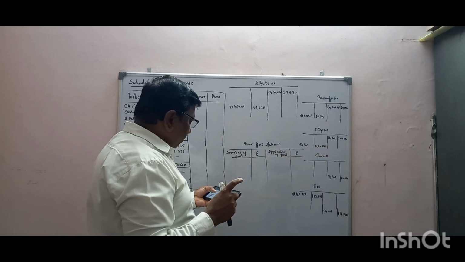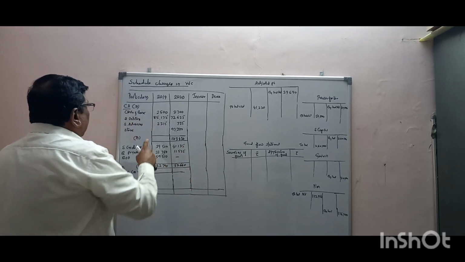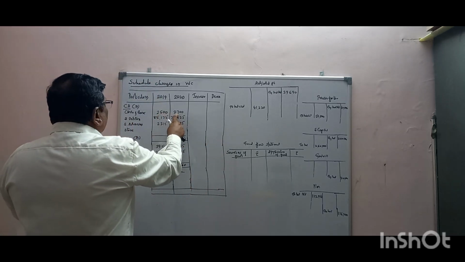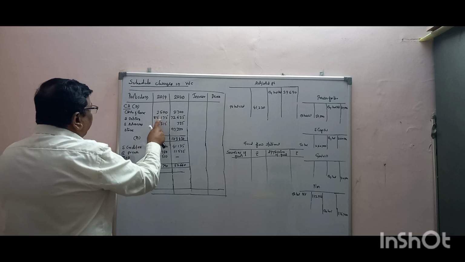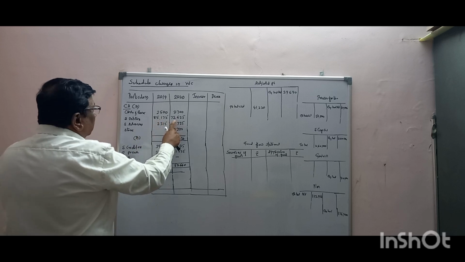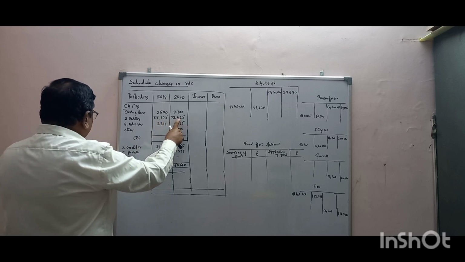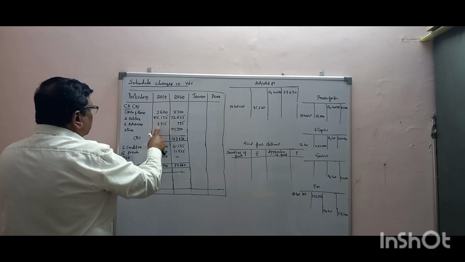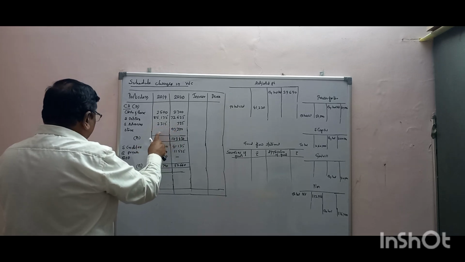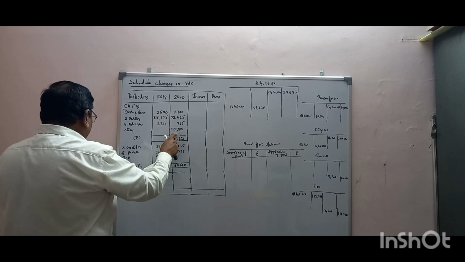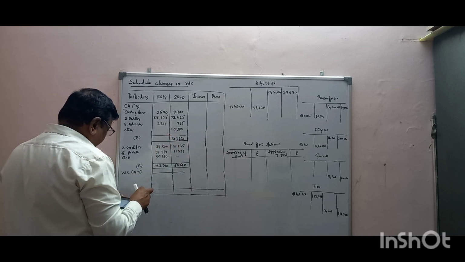On the asset side, cash at bank 2,500 and 2,700 closing. Sundry debtors 85,175 and 72,625. Sundry advances 2,315 and 735. Stock: I am writing only the closing, 97,370, because there is an adjustment.